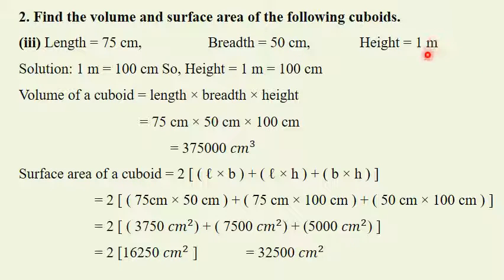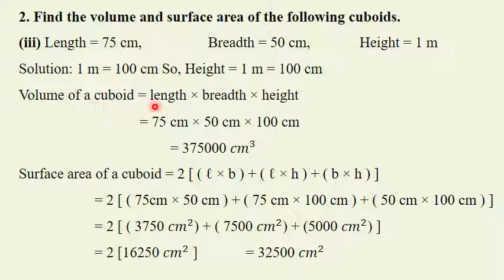So first of all we will change meter into centimeter, as we know that 1 meter is equal to 100 centimeter. So the height becomes 100 centimeter. And now all the units are the same, all in centimeter, so we can easily find the volume as well as the surface area.